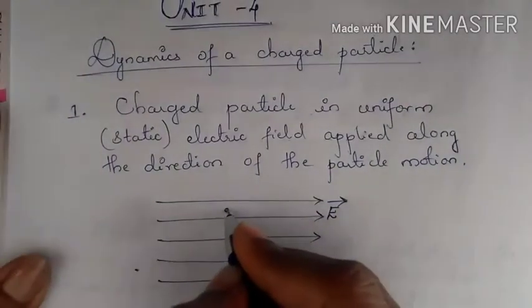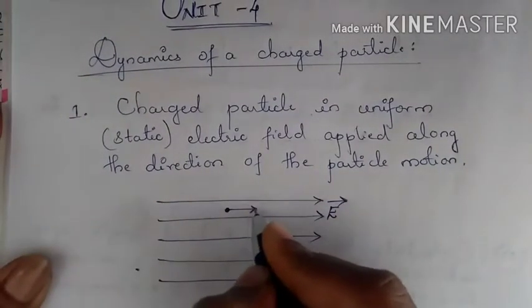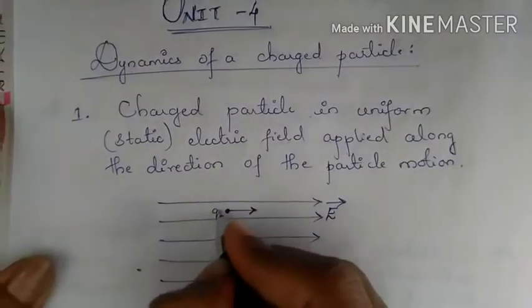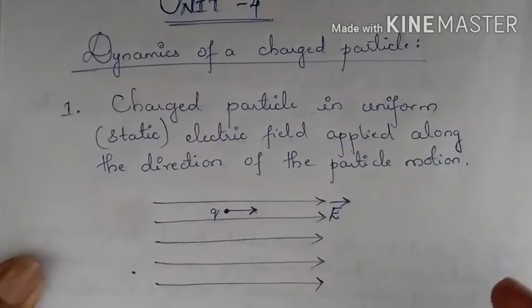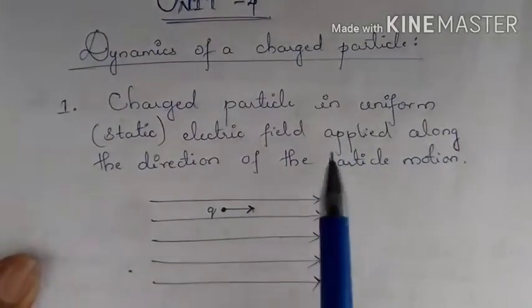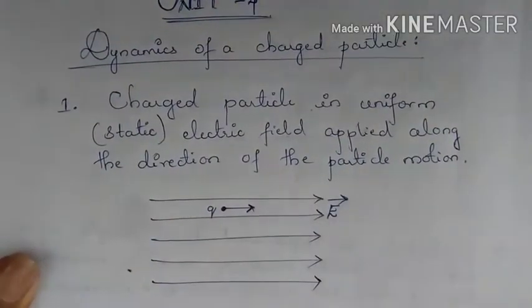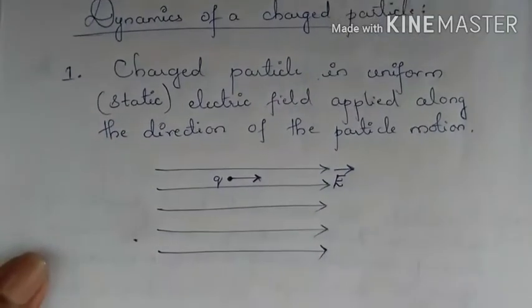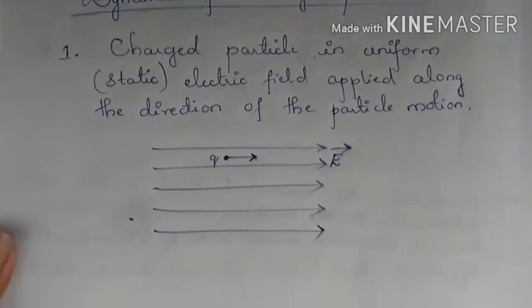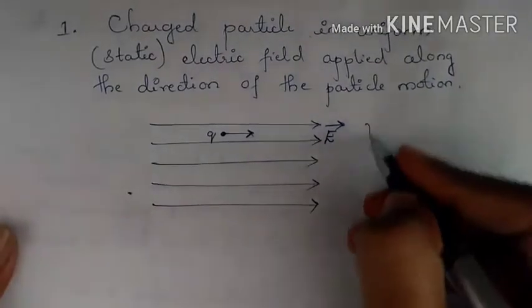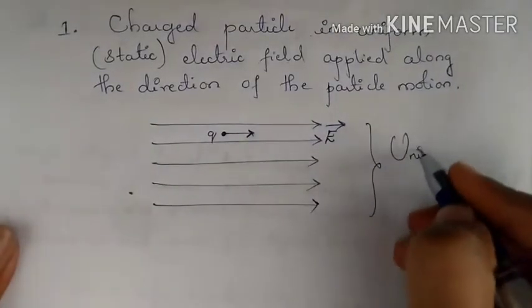Here is your particle, and the direction of this charged particle is similar to the direction of the electric field. In this topic we'll learn what will happen if a charged particle is kept in the direction of the electric field. So this is for a uniform electric field.